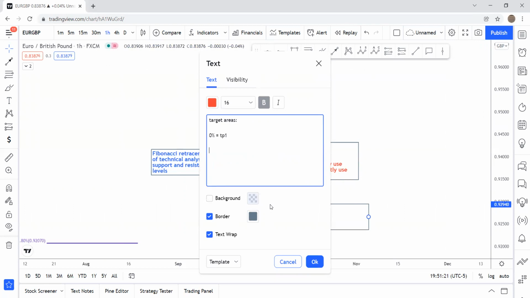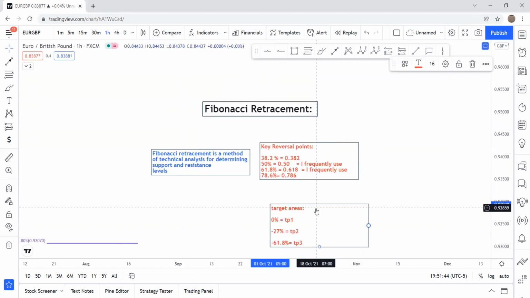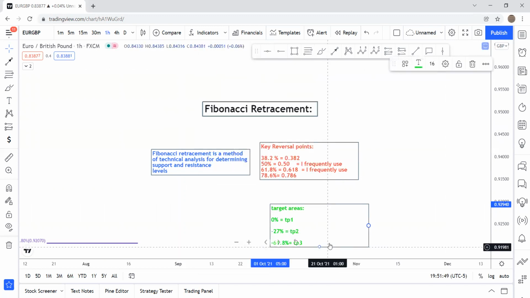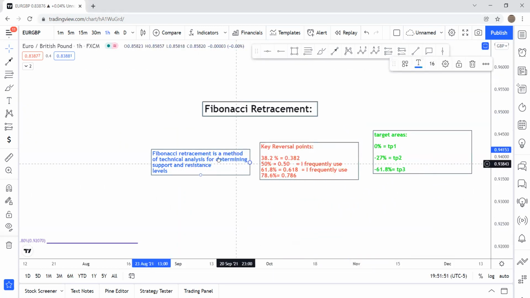Then we can have the negative 27%, which would be TP2, and then we have the negative 61.8%, and that would be target 3. So those are also target areas. We're going to review those a little bit later. You guys can screenshot this.